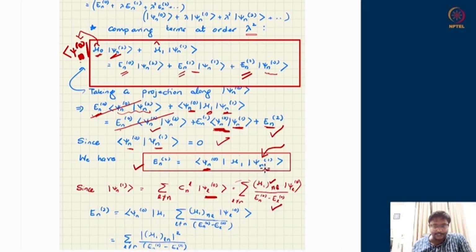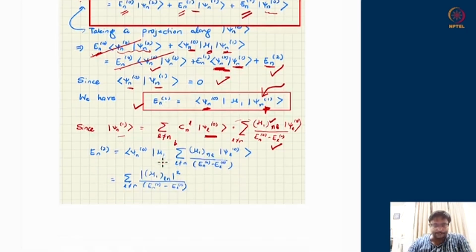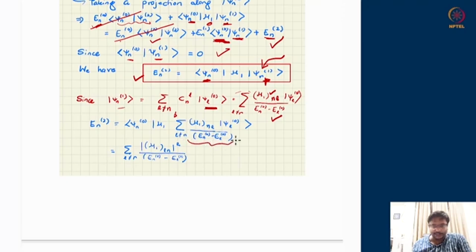So I know everything about psi n1 from first order perturbation theory. I feed that information of psi n1 into the expression of En2. So this whole thing over here is nothing but psi n1, which we derived in the previous class.